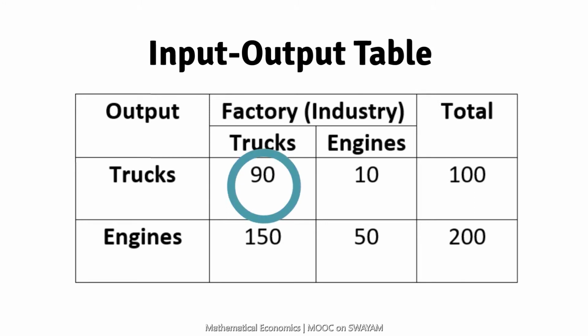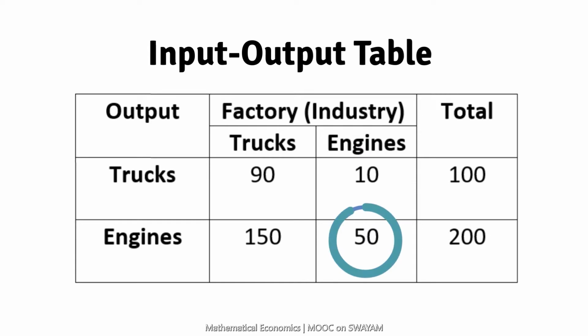Number 150 in the second row and first column shows the number of engines needed as intermediate input in the truck factory. Number 10 in the first row and second column shows the number of trucks needed in the engine factory, and number 50 in the second row and second column shows the number of engines needed as intermediate input in the engine factory.